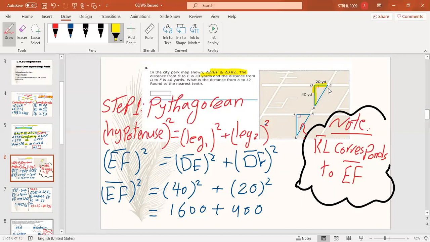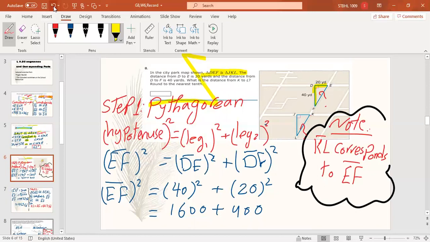And line segment EF is in the right angle triangle DEF, and it is the hypotenuse in this right triangle. Right triangle, hypotenuse is missing, two legs are given, so directly this leads to Pythagorean theorem.